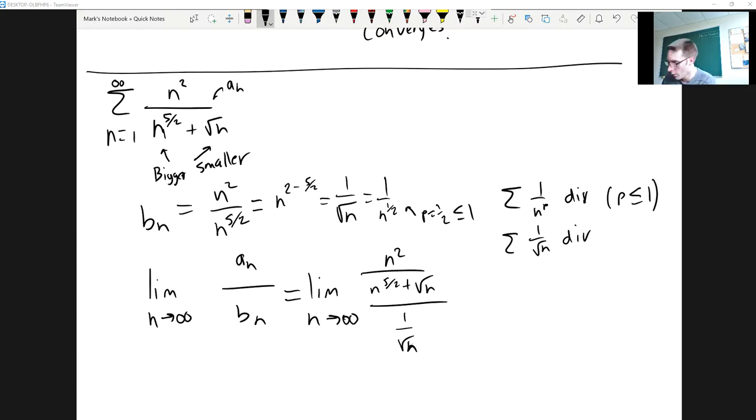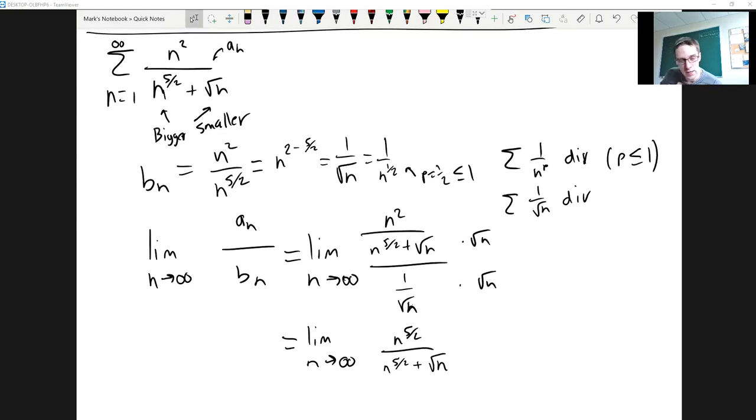Okay, we could simplify that just a little bit by multiplying by root n on top and bottom. And so that will be root n times n squared, which would just give me n to the 5/2. And then I'll have n to the 5/2 plus root n underneath. And notice this denominator just becomes 1. And so now I've gotten rid of the fraction over a fraction. And it's starting to look good here.